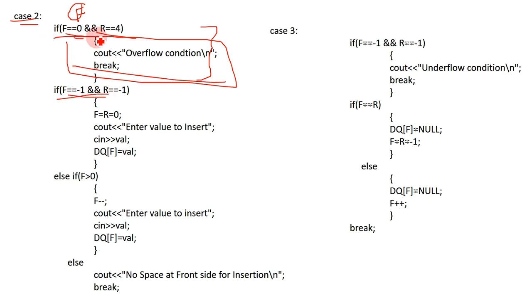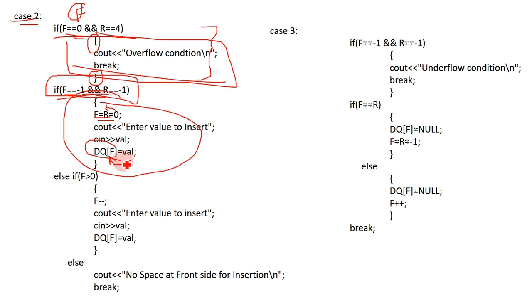This is the body of the if; here is the start and this is the end. This if is not dependent on the previous if statement. If front is equal to -1 and rear is equal to -1, this is the first time insertion. So assign both front and rear the value 0. Enter a value and this value will be assigned to the DQ of the front.